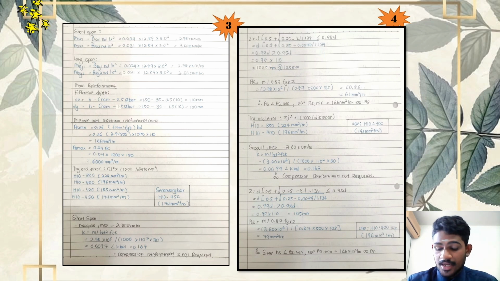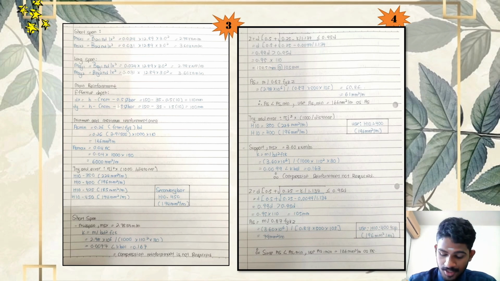Okay, for the trial and error, H10 at 350 gives a value of 224 millimeter squared per m, H10 at 400 gives 196 millimeter squared per m, H10 at 425 gives 185 millimeter squared per m, and last but not least H10 at 450 gives 174 millimeter squared per m. So for the secondary bar, we are going to use H10 at 450, which is 174 millimeter squared per m.